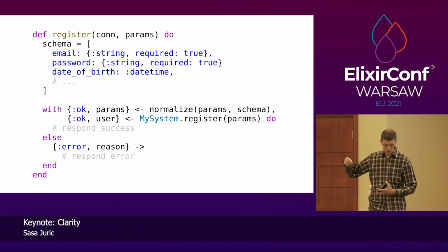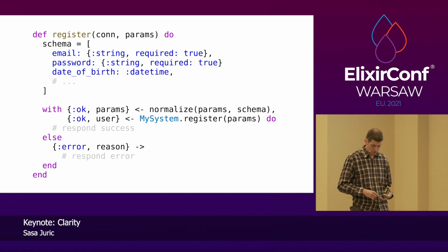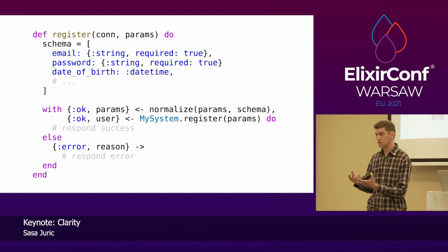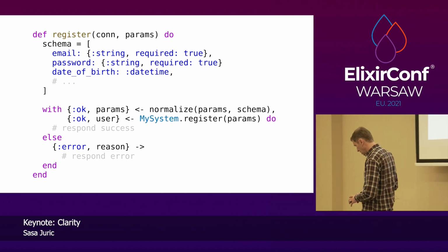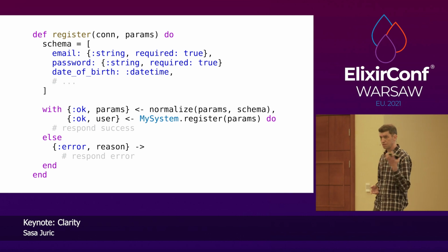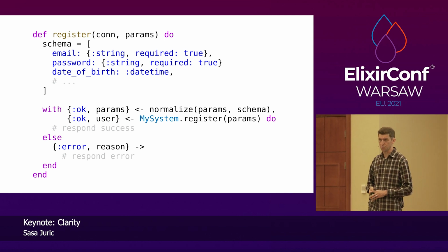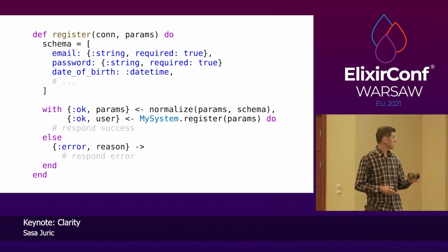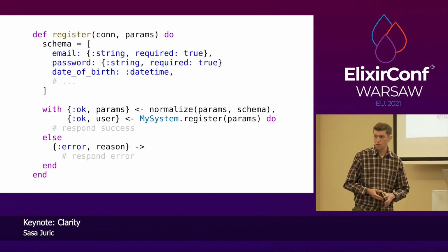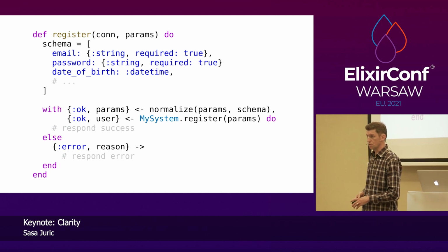But this normalize is going to normalize params according to the given schema, and basically it's based on schemaless Ecto changesets, right? It's a generic piece of code, not particularly long. I advise you to try it out. It's a nice little practice, even if you're not going to follow this style of programming, just give it a try. So anyway, we normalize and we get the structured params which we can now pass to the core, and then we render success or an error.